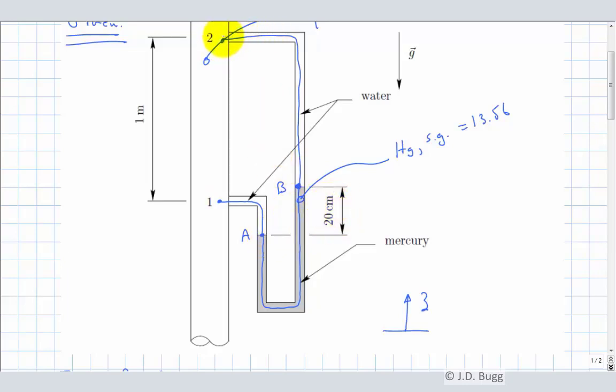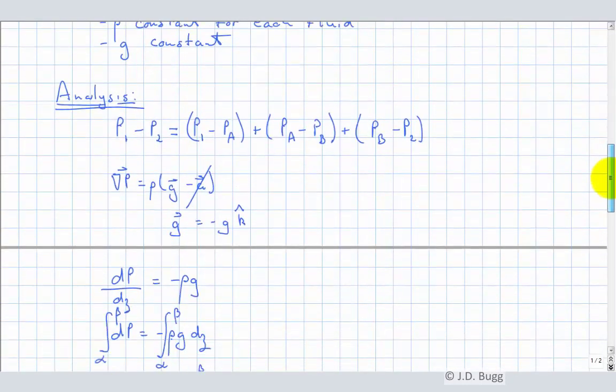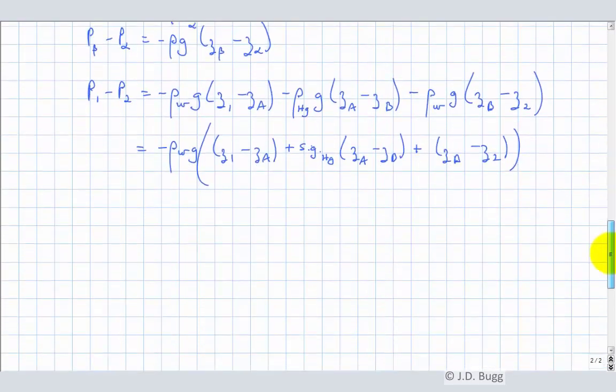The other problem is Z2 minus ZB. We don't know what that is either. Z2 minus Z1 is 1 meter. So the only two things we know here are Z2 minus Z1 is 1 meter and ZB minus ZA is 20 centimeters. So we have to go back down to our expression and see how we can take care of this problem.